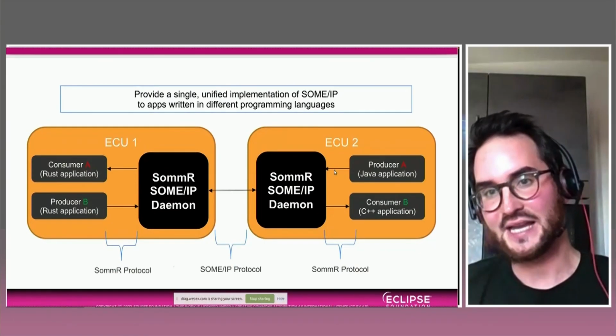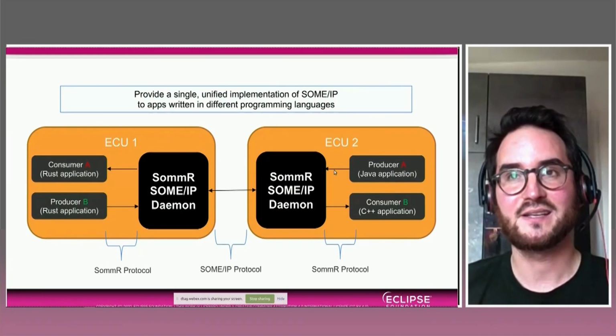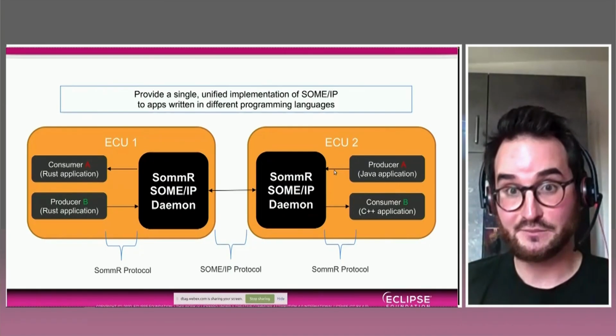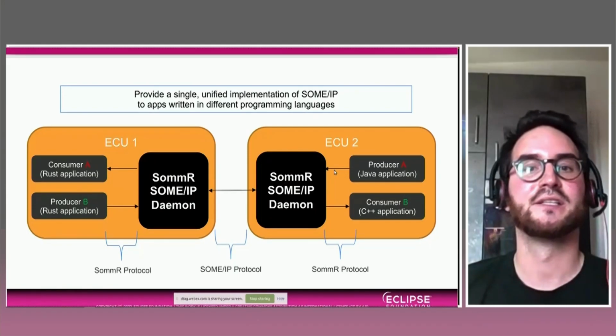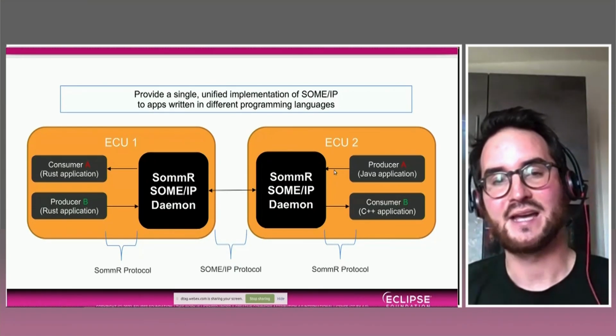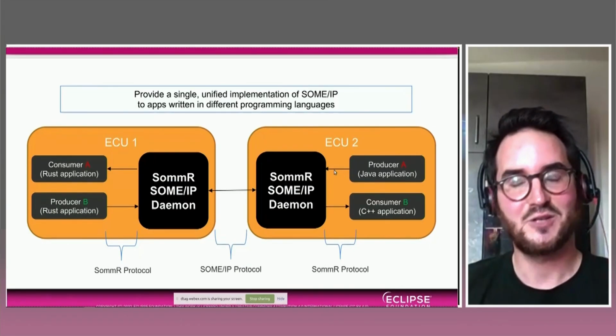The mission statement for SommR is basically to use some IP Rust implementation and provide that to different apps written in different programming languages. This is done via the SommR protocol, which is like a common interface.